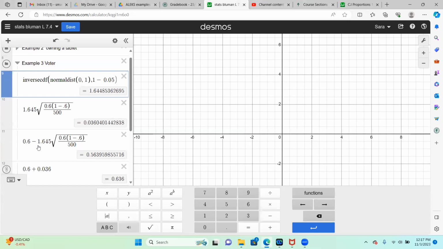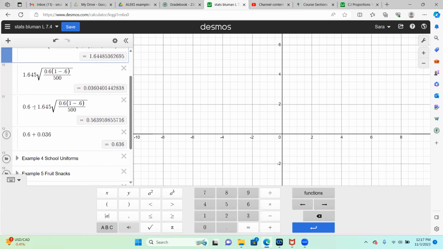And then we take our P hat, which is 0.6, and subtract that margin of error and add the margin of error. And again, we get the lower boundary of 0.5640 when rounded and 0.636.